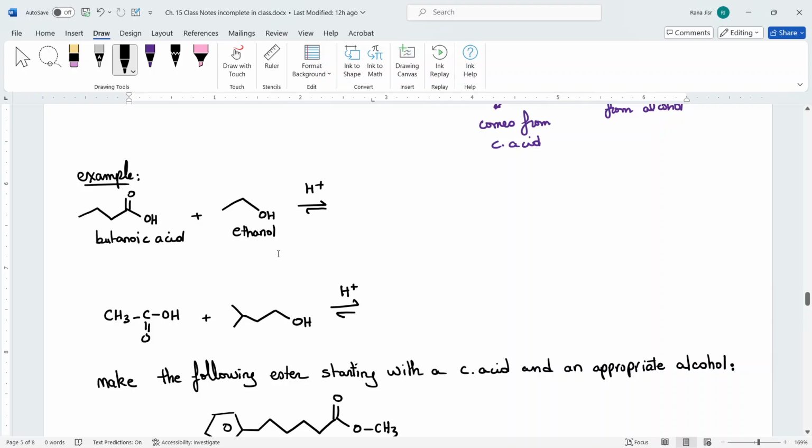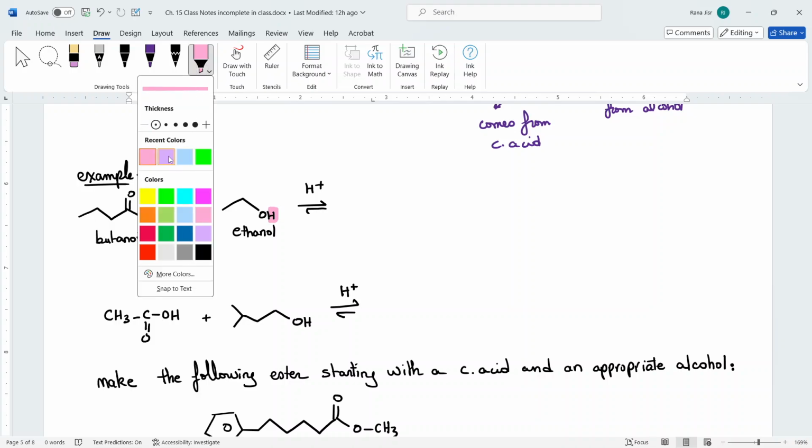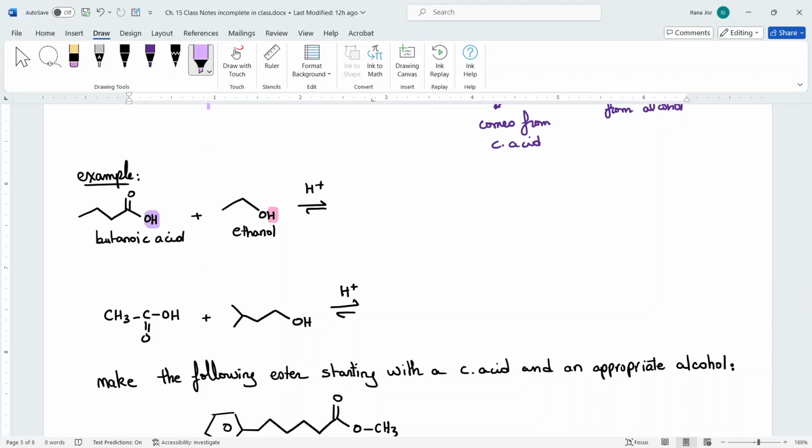Okay, so let's have an example there. The moment you see an acid being reacted with an alcohol, the alcohol is always going to lose a hydrogen and the acid is going to lose an OH. You form the ester bond, you combine together. I always start with the leftover from the acid first. So I do have a 3-carbon chain, and then I have my carbonyl. Here you go. Then I am making a new bond.